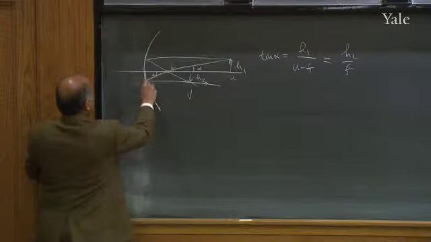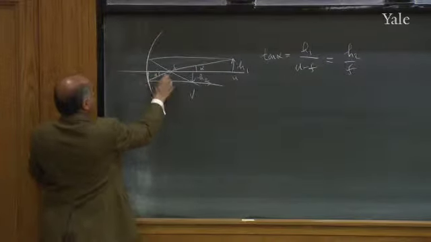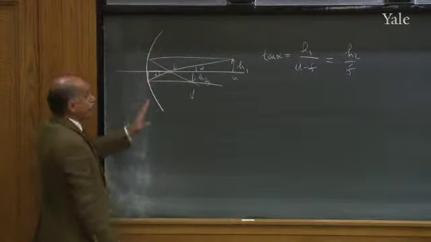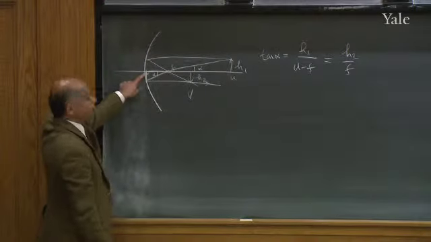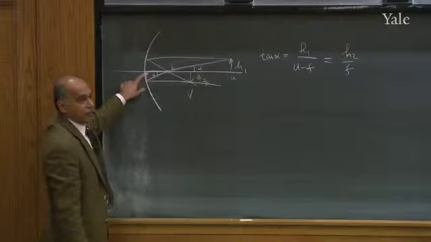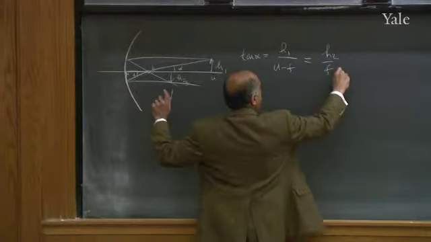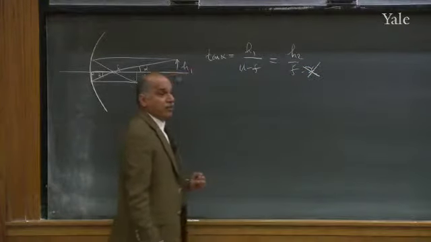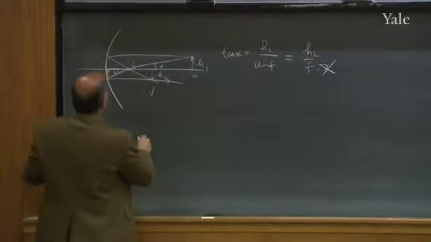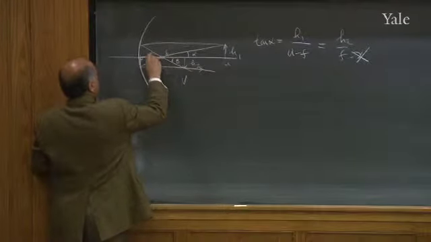You see this triangle here? That height is certainly h2. That length is not quite f. F goes all the way to the mirror, but if I drop a perpendicular here, there's a tiny little x inside. I'm not showing you that x. I'm neglecting it. In other words, you really should put f minus x, but x is quadratic in the small numbers, so we're not going to keep it. Then draw another similar triangle. This angle beta is the same as this angle beta.